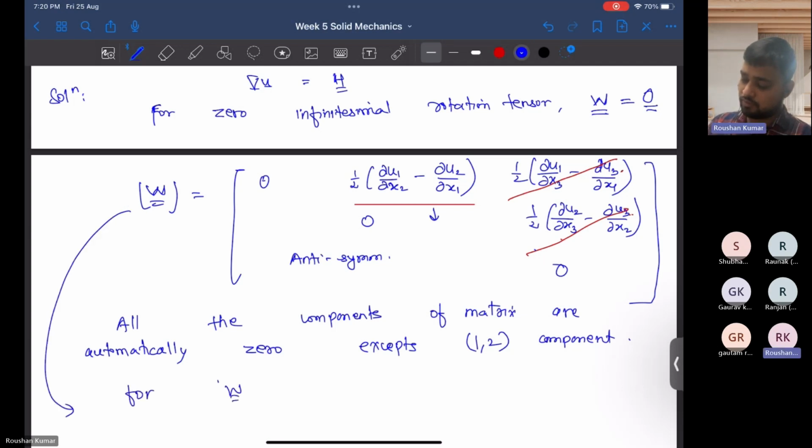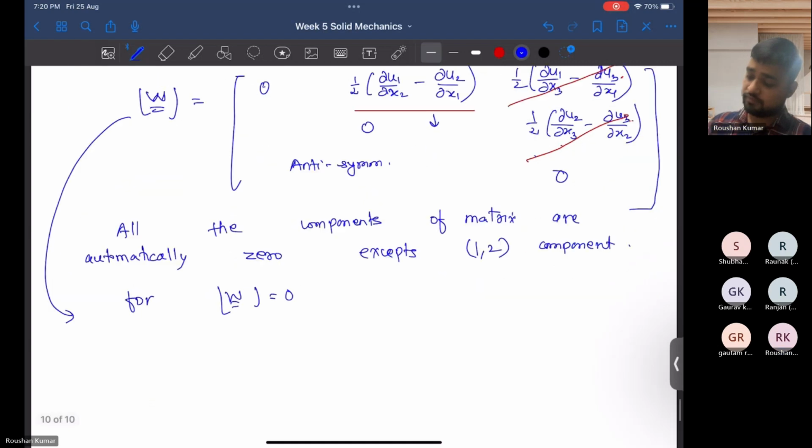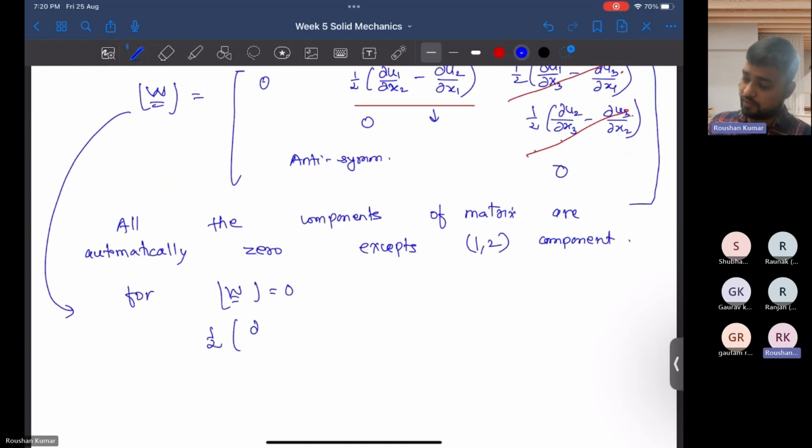For w equal to 0, half of del u1 over del x2 minus del u2 over del x1 must equal 0, because all the individual components must be 0, as the question says w has to be 0.